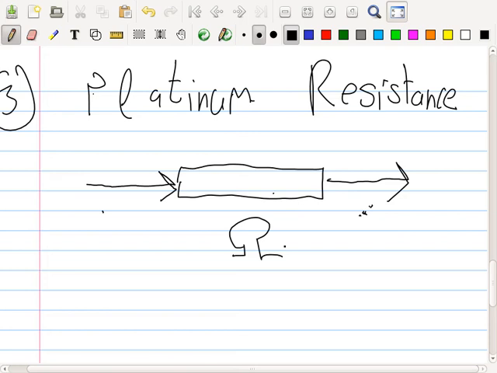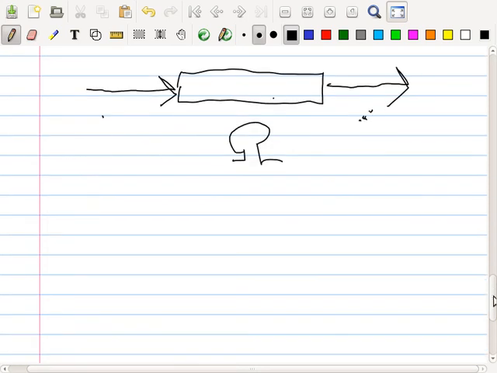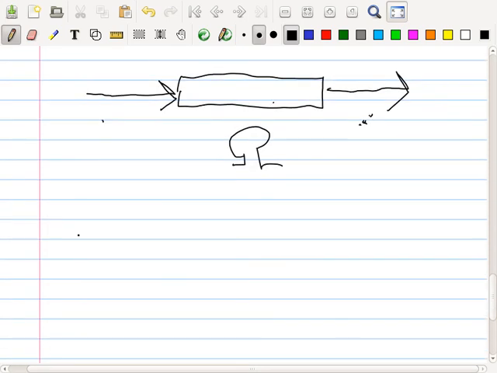If you increase the voltage, you decrease the resistance, which means you increase the current as well. So current and resistance move in opposite ways. Yes, that's right.